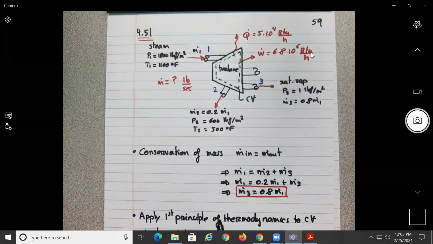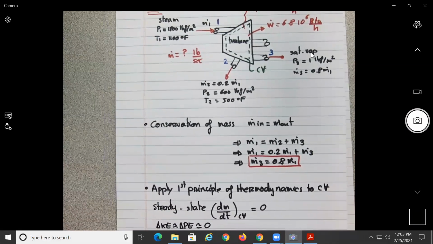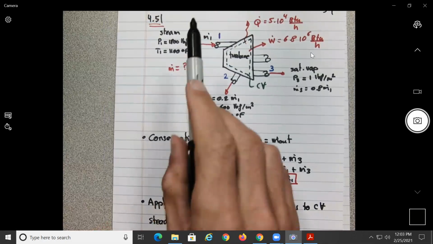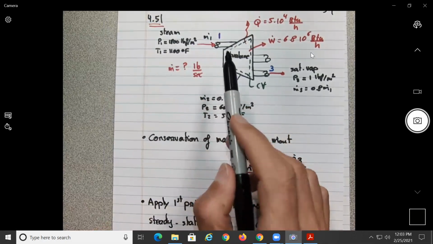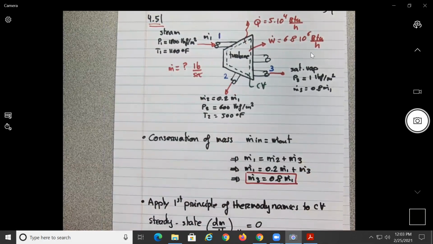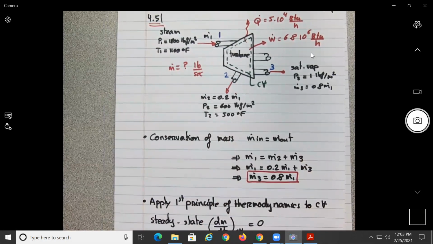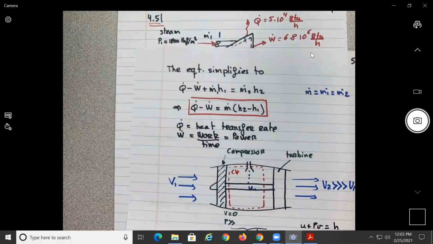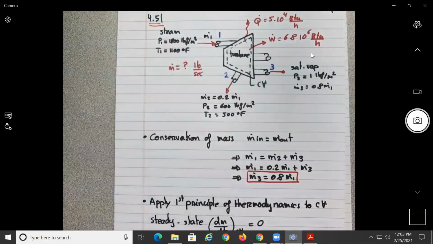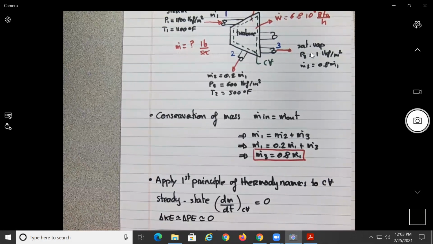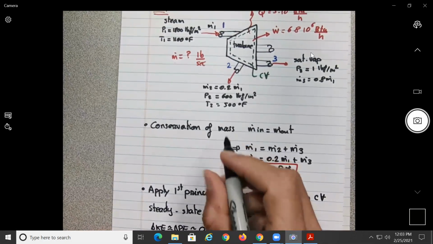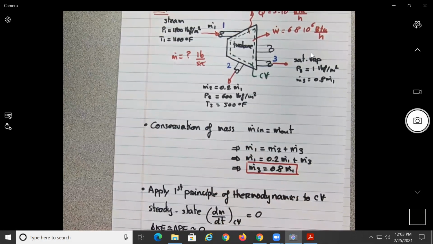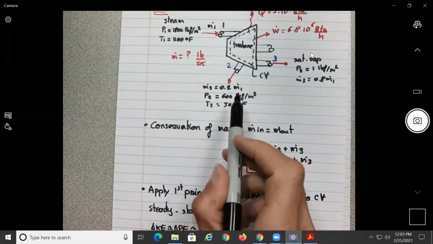We have steam entering at 1, and the equation was m h, so this will be m dot 1 h1, coming in, equal to whatever is coming out: m dot 2 h2, and what else is coming out?